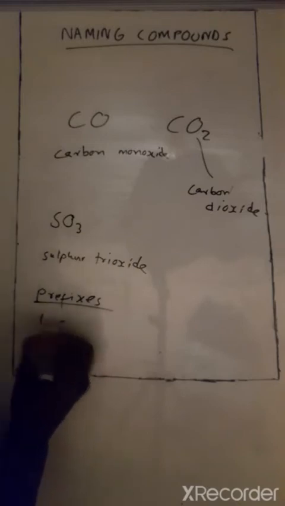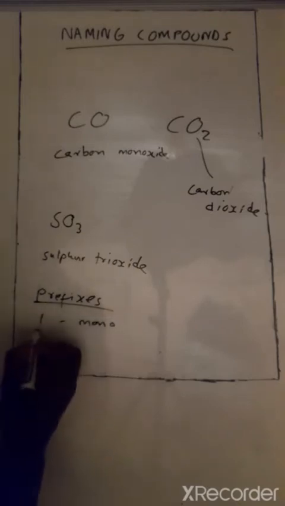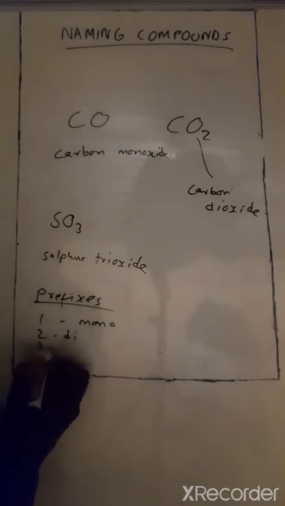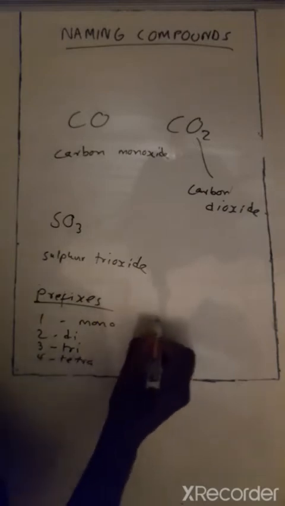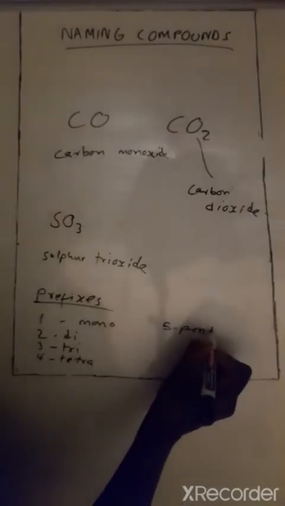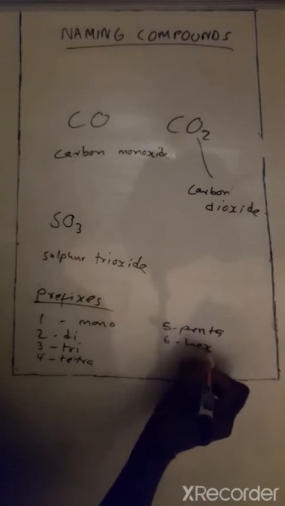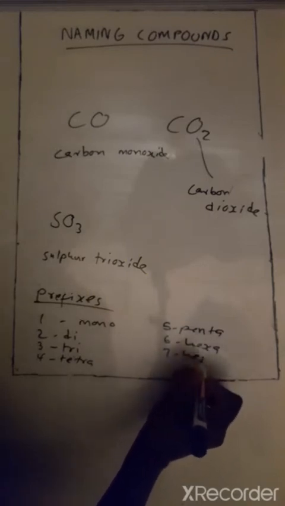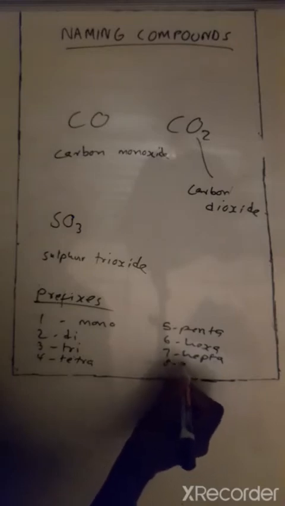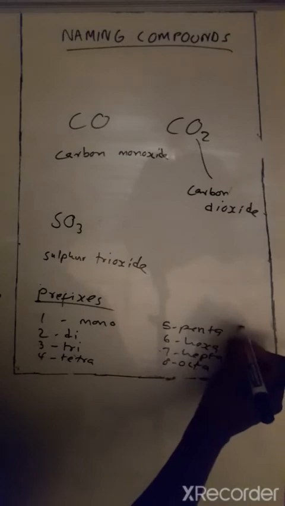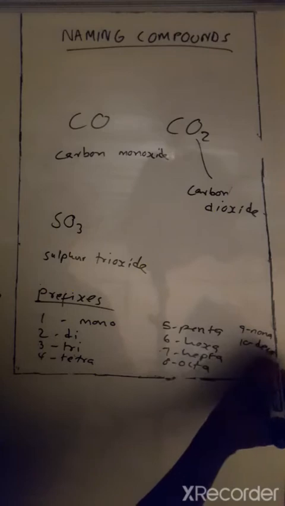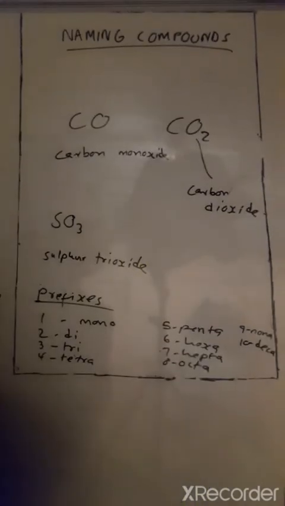When we have one, we say mono. 2, di. 3, tri. 4, tetra. 5, penta. 6, hexa. 7, hepta. 8, octa. 9, nona. Then 10, deca. All right, so you need to familiarize yourself with that.